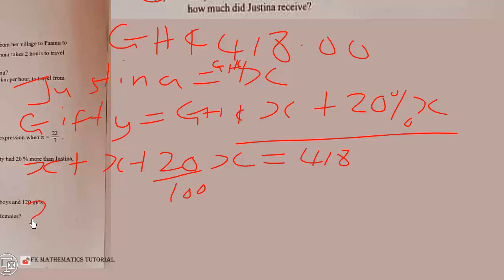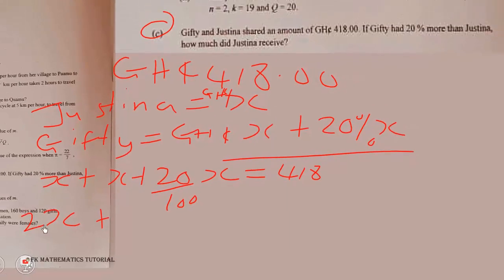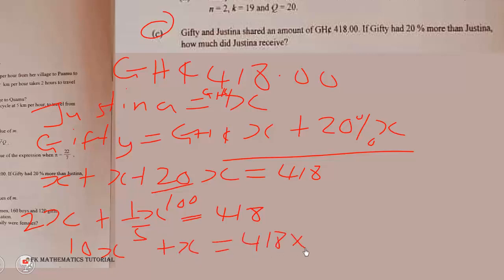So this is the same as 2X plus 1/5 X equal 418. So let's multiply through by 5. So we get 10X plus X is equal to 418 times 5.